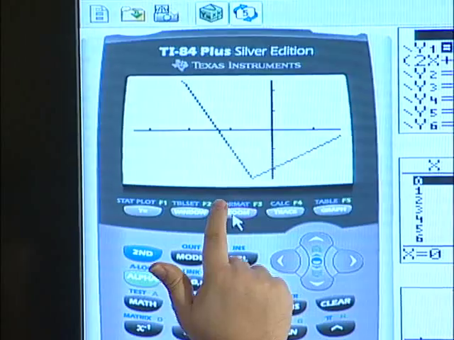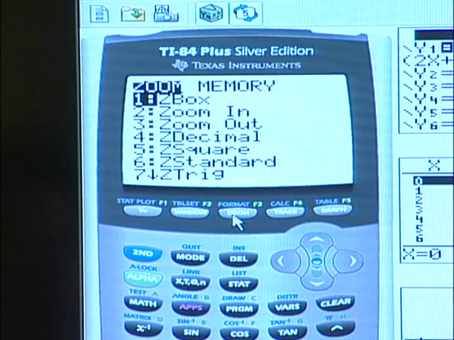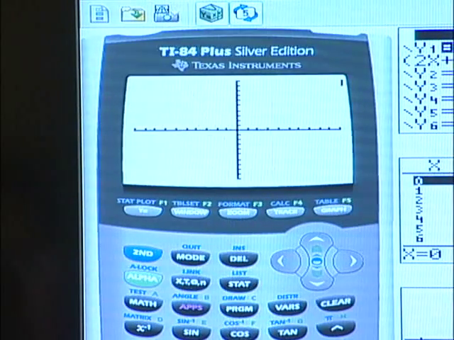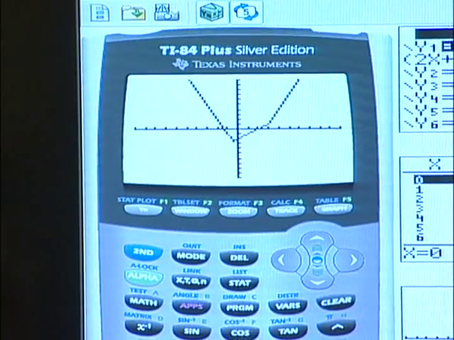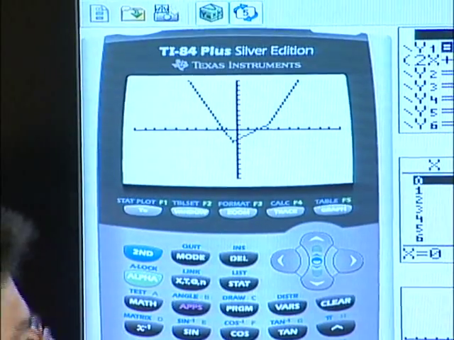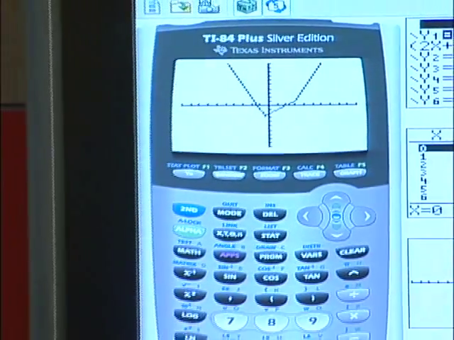We would like to see the graph as a whole first. We will select zoom standard. And then we will find the x-intercept with the calculate 0 facility.